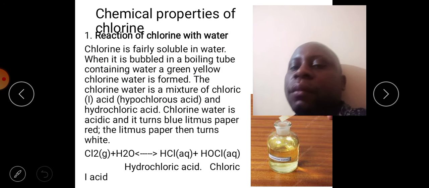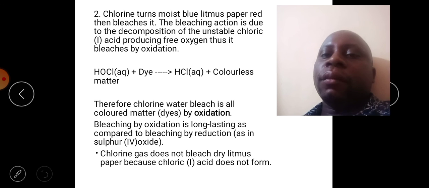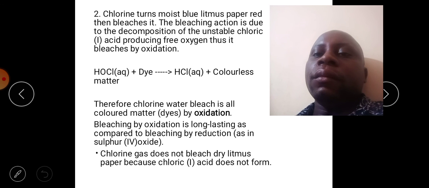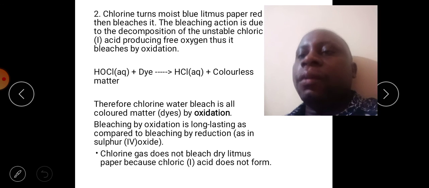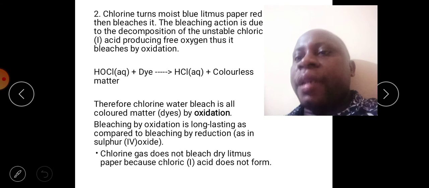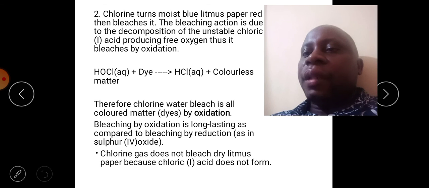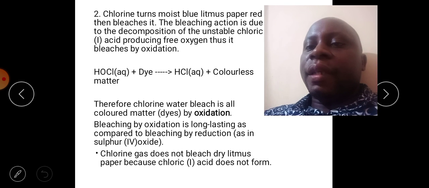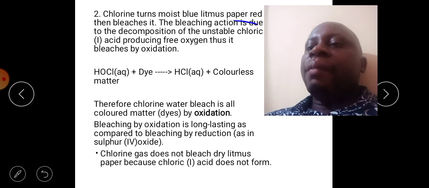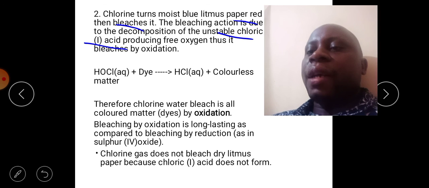Okay, good. Now, I want us to discuss this particular concept of bleaching. We've said that chlorine turns moist blue litmus paper red, then bleaches it. The bleaching action is due to the decomposition of unstable chloric 1 acid, producing free oxygen. So the bleaching action is because of that chloric 1 acid.